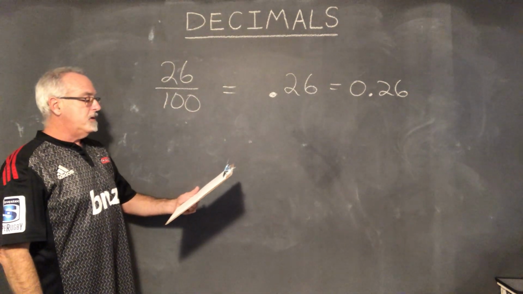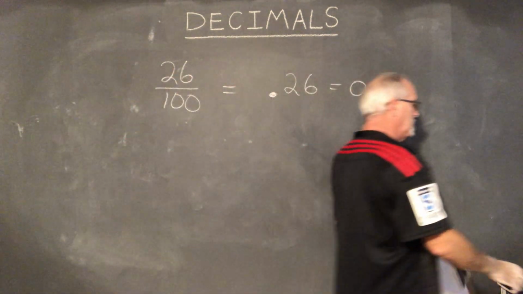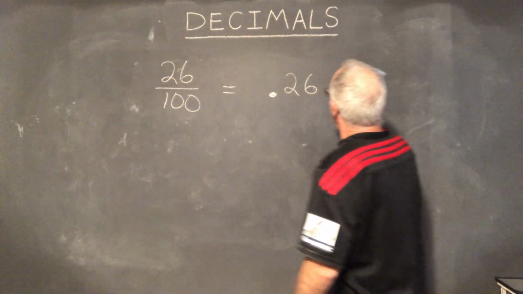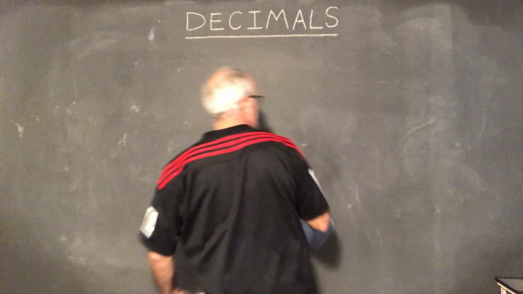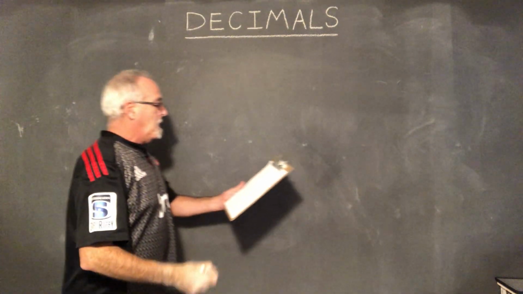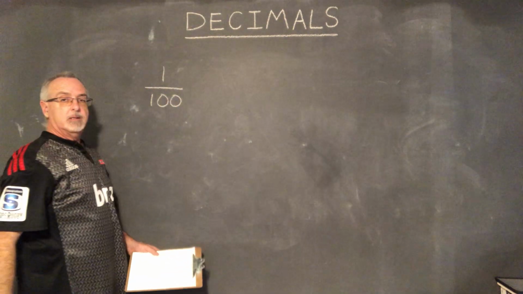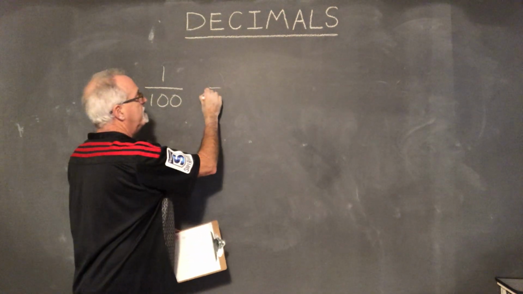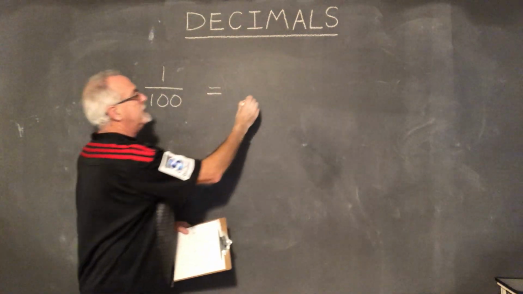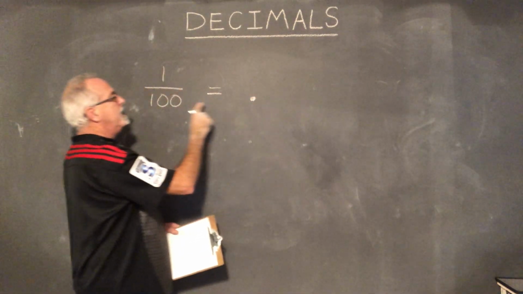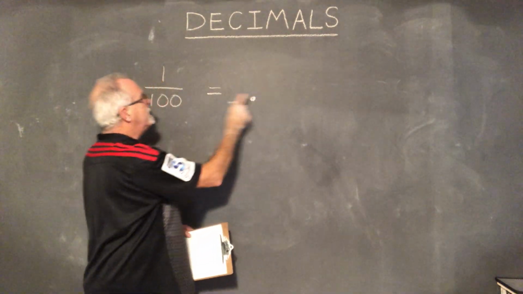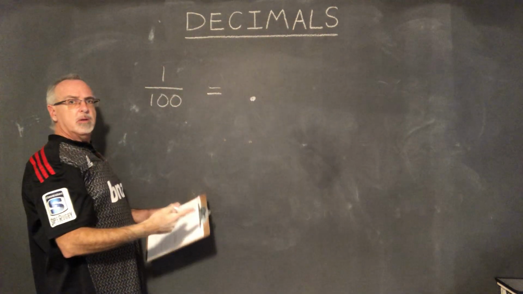Okay, how about, oh, okay, he's starting to do those what if things. How about this one? 1/100th. It's still hundredth, but I have to be careful because when I put my decimal point, I need 2 digits to the right, but all I see up here is 1 digit, this 1.